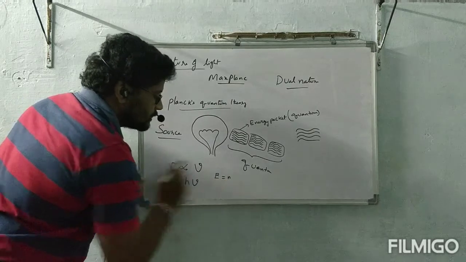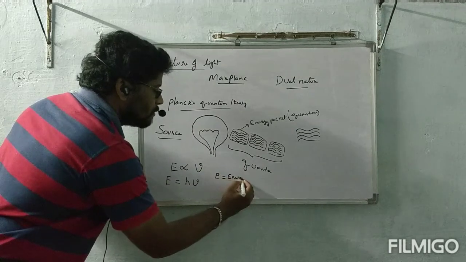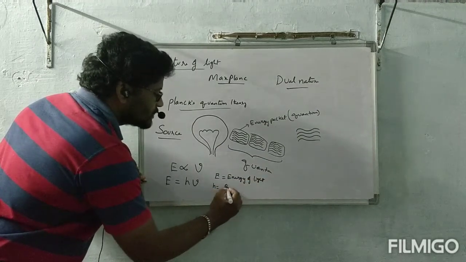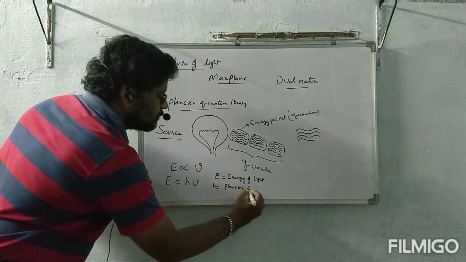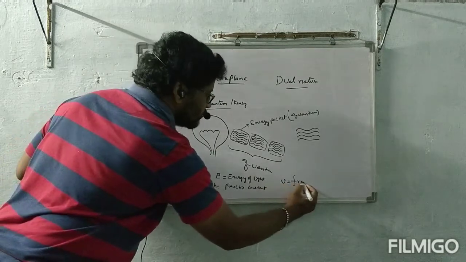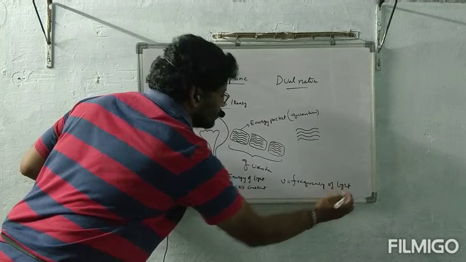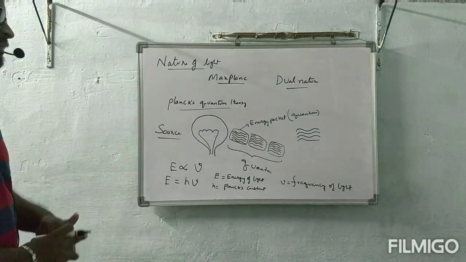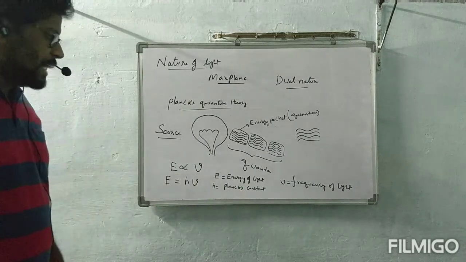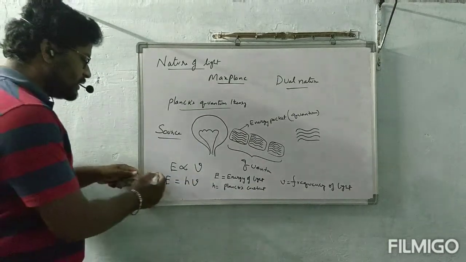E is equal to energy of light. h is equal to Planck's constant. Nu is equal to frequency of light. This is E equal to h nu.